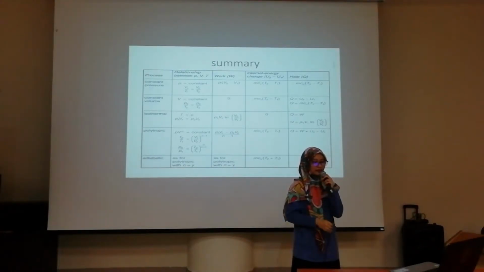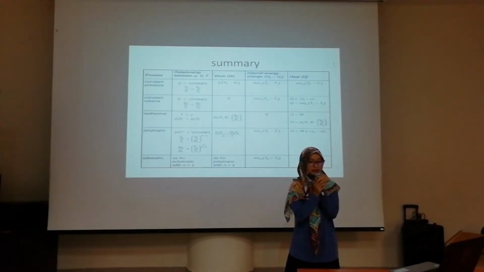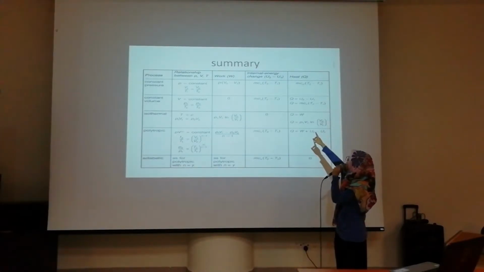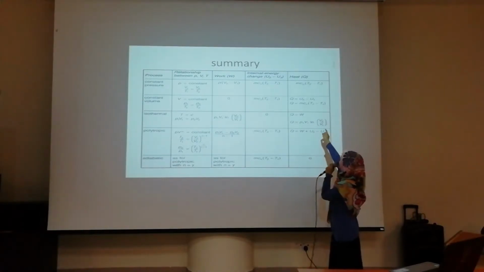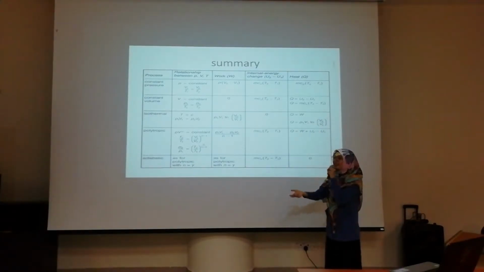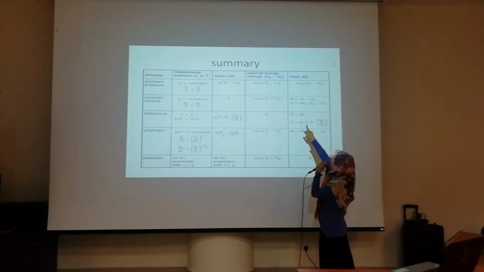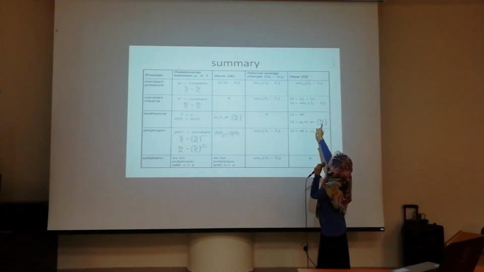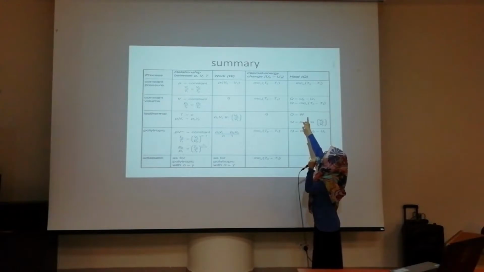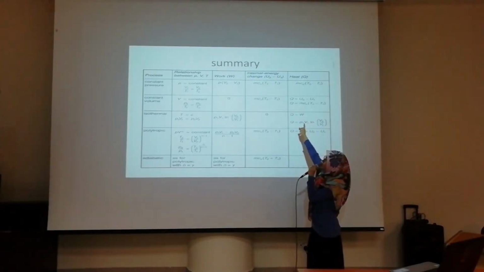Okay, for the heat, U is equal to mCV T2 equal to mCV T1. So for this formula, U2 minus U1, the original formula will be Q equal to mCV T2 minus T1. The upside there is the original equation.